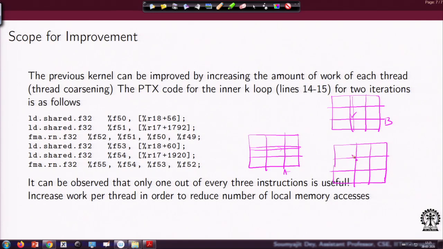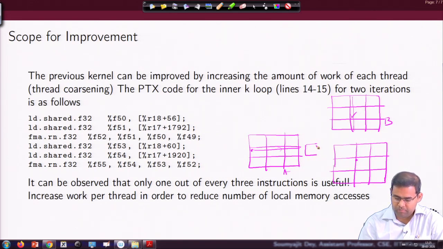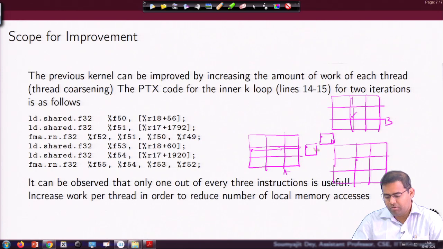That means, the thread is first responsible for loading data; it will be using two shared memory locations, right. So, it will use this shared memory location to load this data point, and inside this shared memory, it will be loading this data point. All the other threads in the block will be loading the other data points.